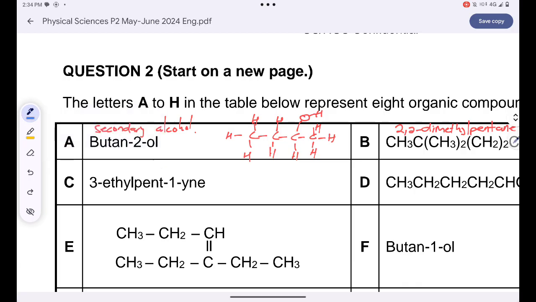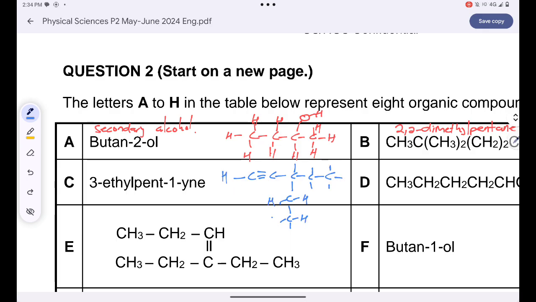Let me use a different color. 1, 2, 3, 4, and 5. And then at carbon number 1, I have my functional group for alkynes. That's a triple bond there. And then at carbon number 3, I have an ethyl like this. So all I have to do is write down the hydrogens I have over there.